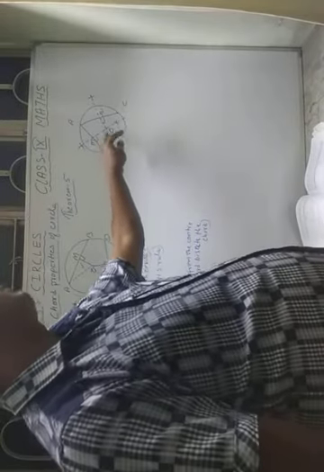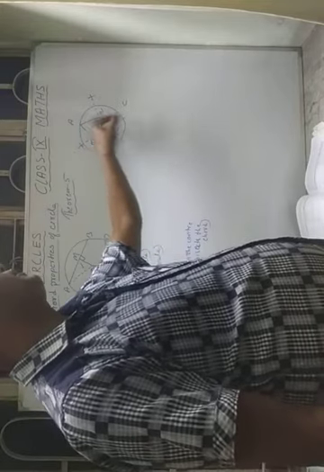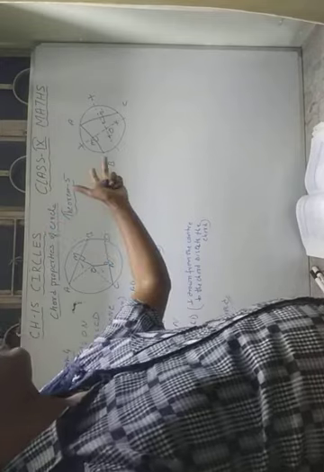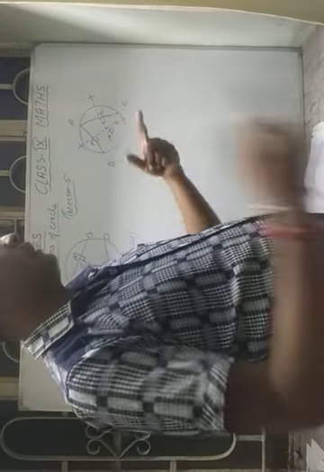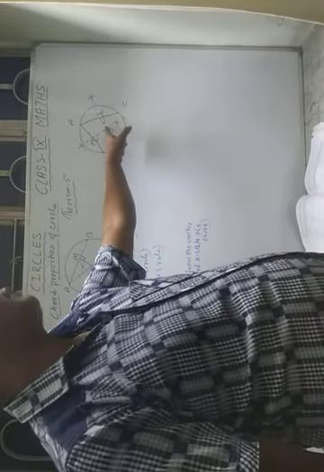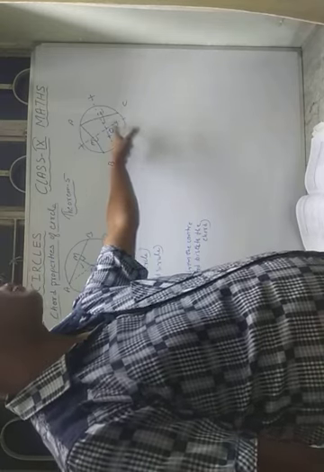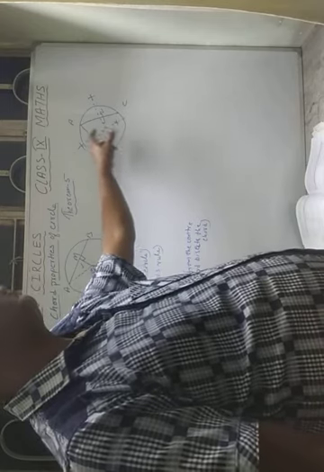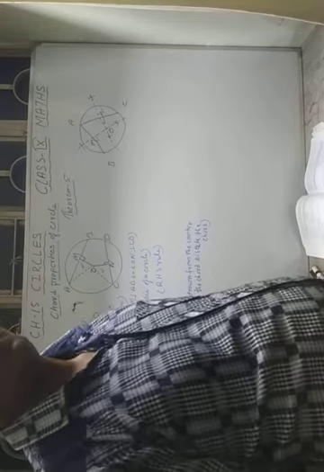That means M is the midpoint of AB and N is the midpoint of AC. So by the first two theorems, the perpendicular bisectors will always intersect at the center. That means O is the center, and if you take this point as the center, only one circle you can draw through these three points.